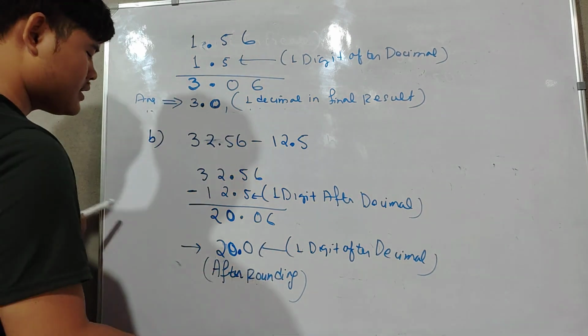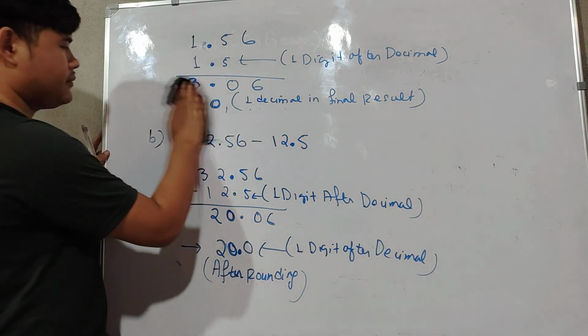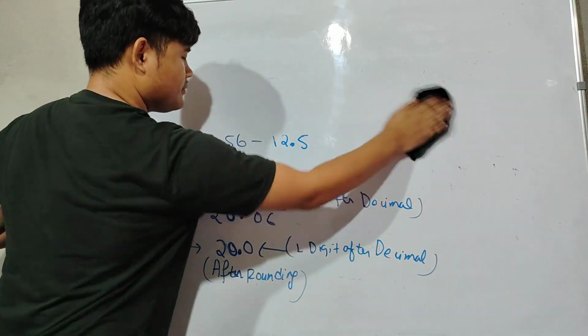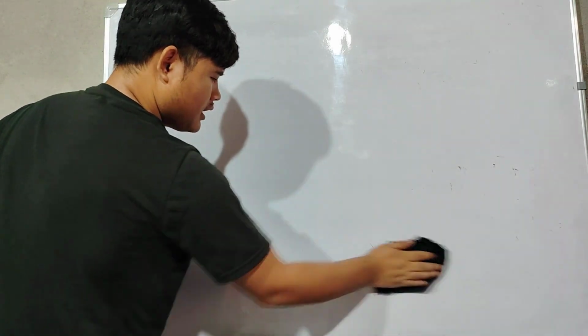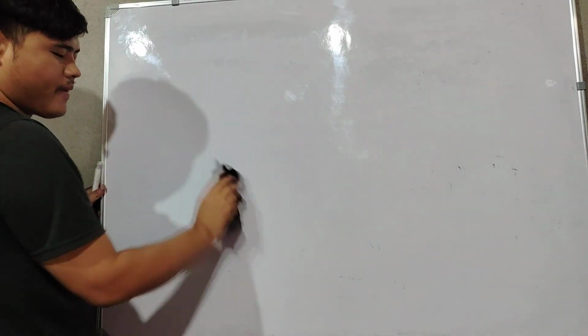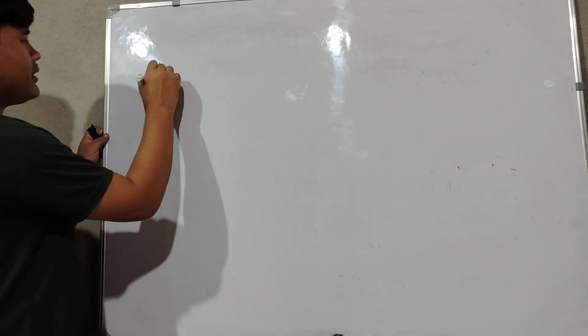Next, multiplication and division. Multiplication and division is also the same, but here it is not decimals, it is significant figures.